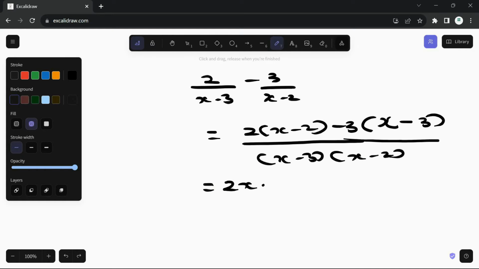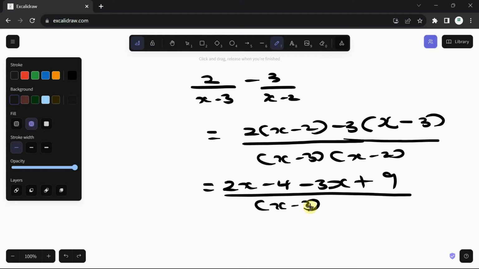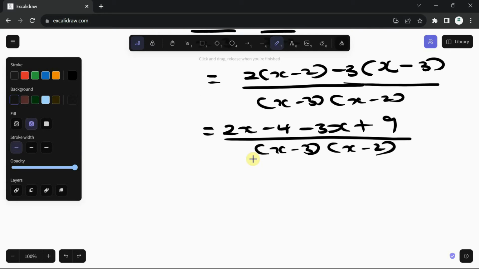So that will be 2x minus 4, minus 3x, minus times minus is plus, plus 3 times 3, which is 9, all over (x minus 3)(x minus 2). Great. So if I simplify further, that will be 2x minus 3x.